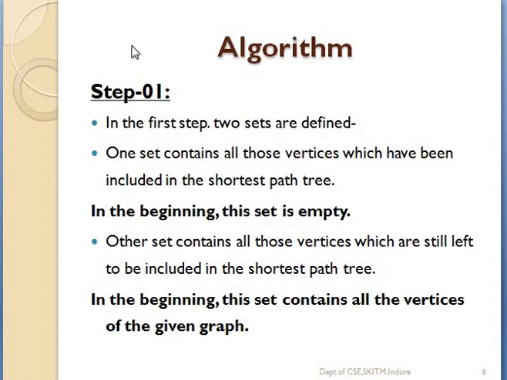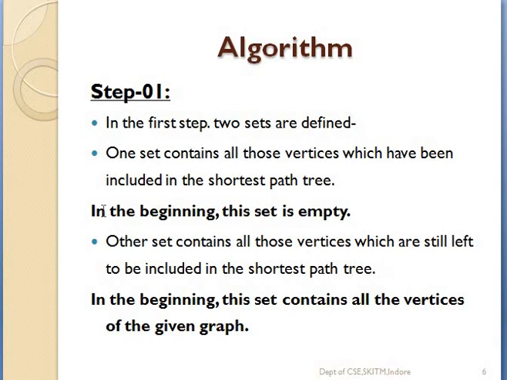So let us see the procedure that we use in the single source shortest path algorithm. In the first step, we form two sets. One set contains all those vertices which have been included in the shortest path tree, and the other set contains all those vertices which are left to be included in the shortest path tree.